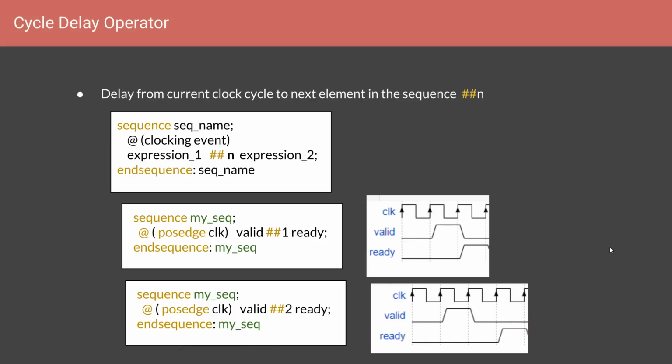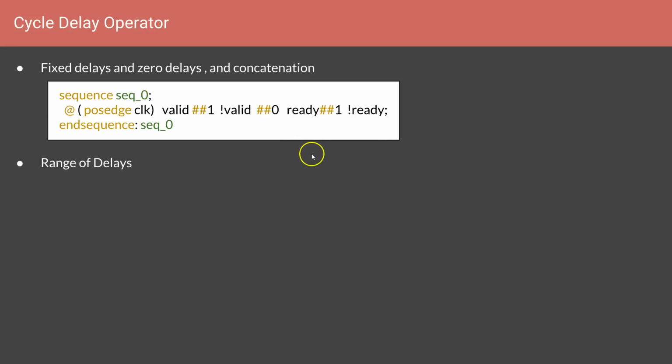Now you will learn more about the cycle delay operators. You can specify different kinds of delays using the cycle delay operator. A fixed delay and zero delay can be specified, and multiple Boolean expressions can be concatenated as well. So now we are defining more and more complex properties.